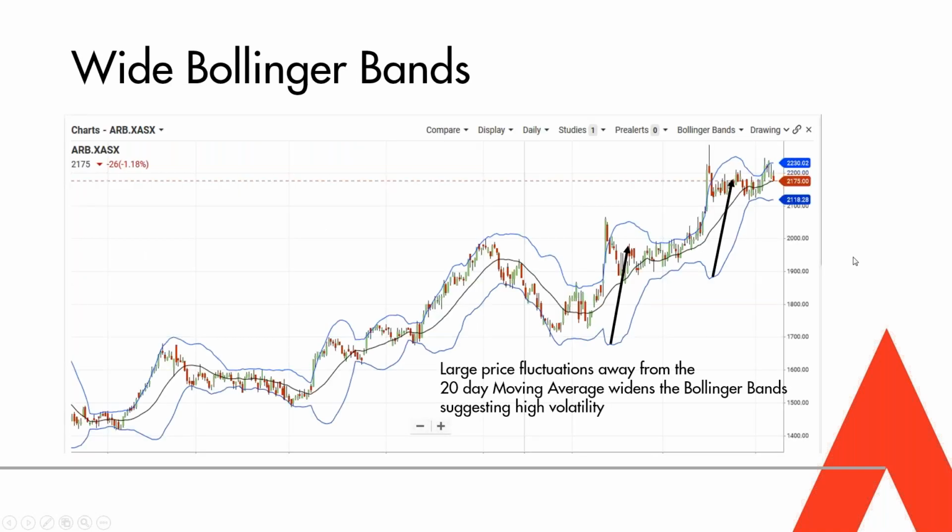So here we see an example of the Bollinger Bands widening quite substantially, which is a sign of increased volatility. Large price fluctuations away from the 20-day moving average will tend to widen the Bollinger Bands, suggesting a period of high volatility.